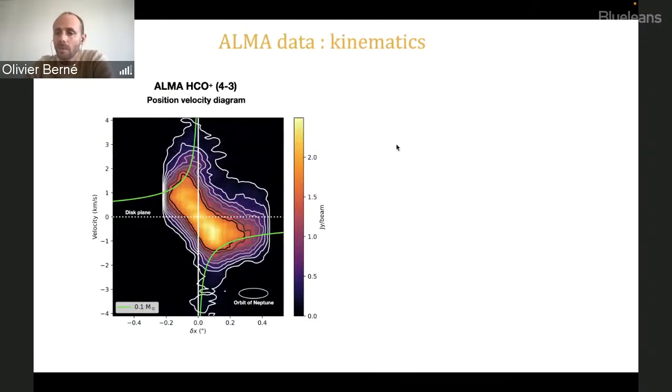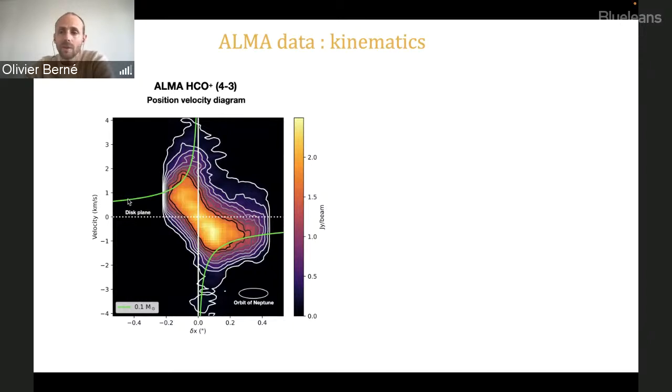ALMA is extremely useful in combination with JWST because it provides the kinematics, and what you see here is a position-velocity diagram across the disk plane obtained with the ALMA HCO+ emission. Basically what you see is the rotation of the disk, and you can overplot on this PV diagram these curves, which are the Keplerian contours.